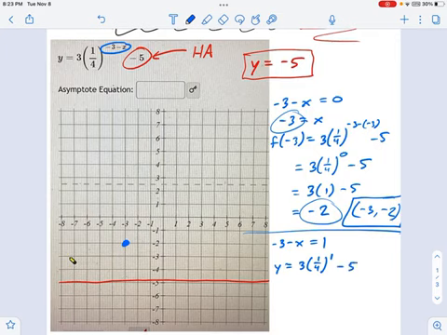This is 100% correct. It's also not very helpful, because what this is going to turn into is 3/4 minus 5, which is a fraction. It's not wrong, but it's kind of ugly, and you're going to have a hard time plotting it on a computer graph, because the computer insists that you use whole numbers when you plot points.